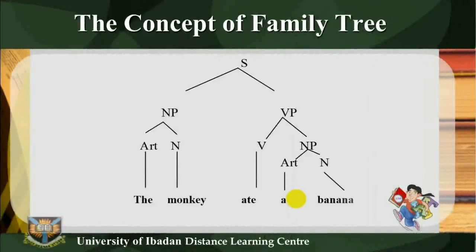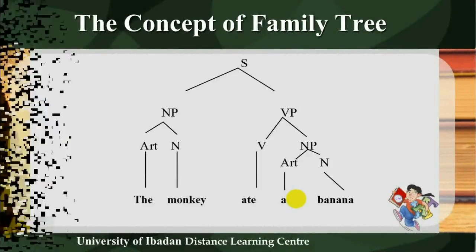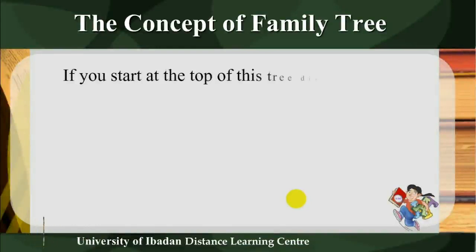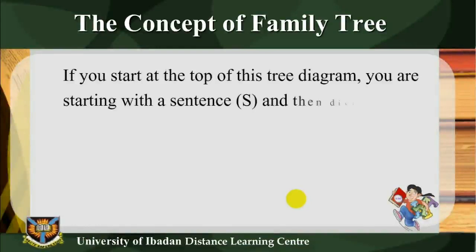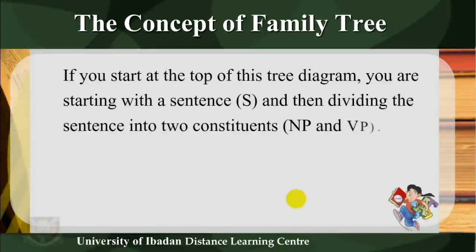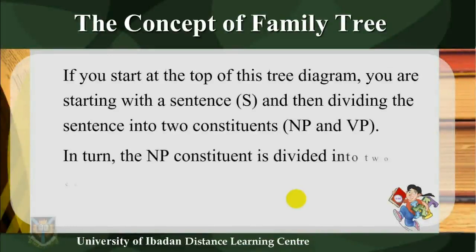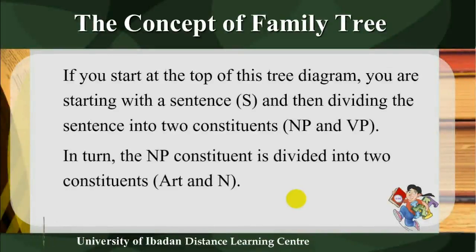S, NP, VP, det, N, V, NP, det, N. The monkey ate a banana. If you start at the top of this tree diagram, you are starting with a sentence, S, and then dividing the sentence into two constituents, NP and VP.